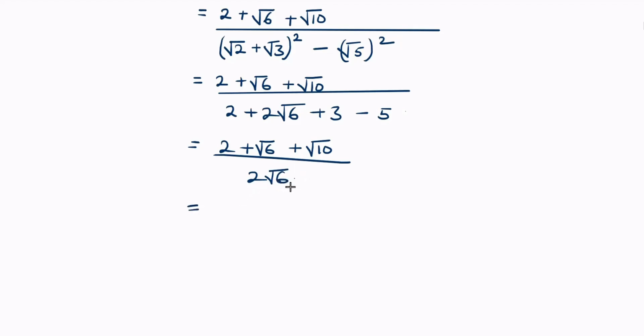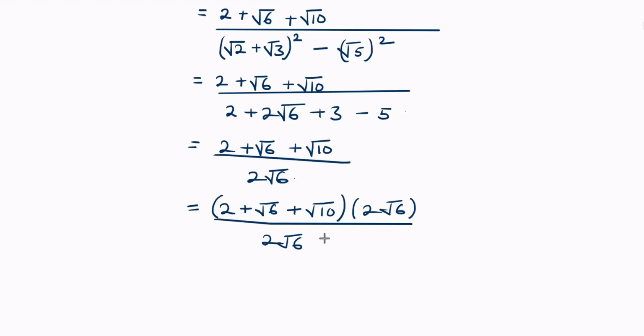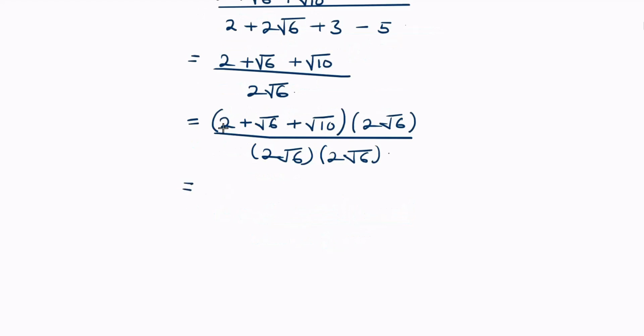We are going to multiply the denominator by itself, and the numerator by the same, so that we have 2 plus the square root of 6 plus the square root of 10 multiplied by the denominator, which is 2 root 6, divided by 2 root 6 multiplied by itself. This is equal to, 2 multiplied by 2 root 6 is 4 root 6. Then root 6 multiplied by 2 root 6 is plus 2 multiplied by 6.